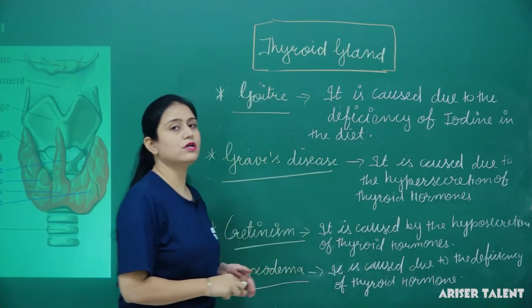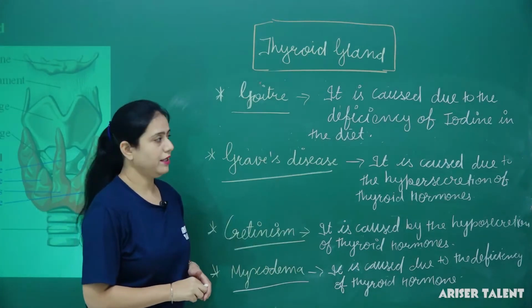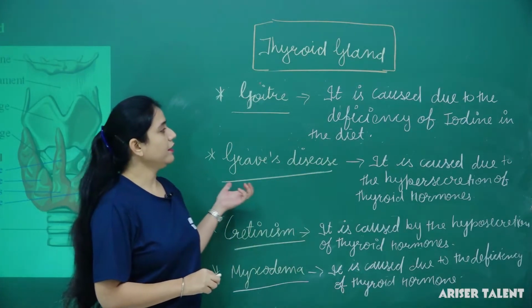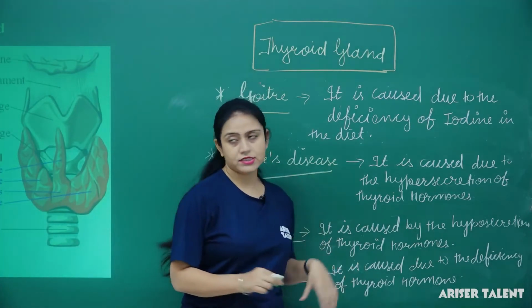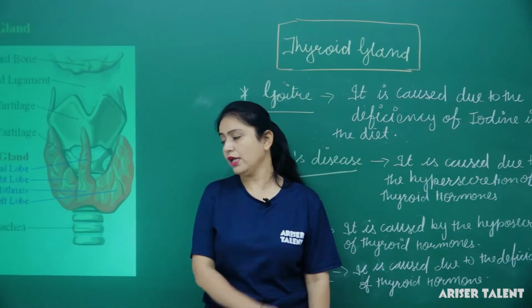Generally it occurs in people who live in hilly areas. What happens generally in it? The thyroid glands get swollen. Here we can see it is found in the neck region.